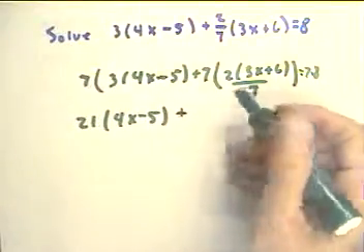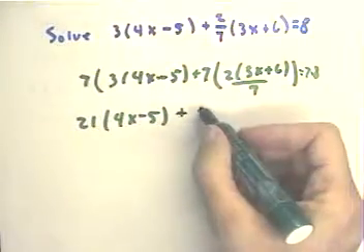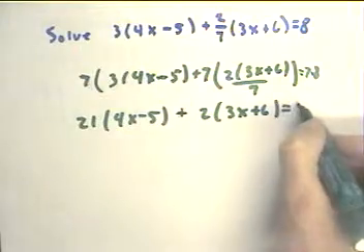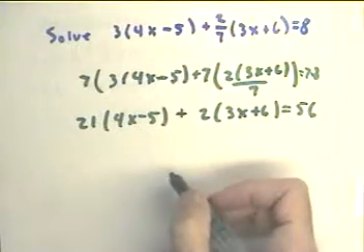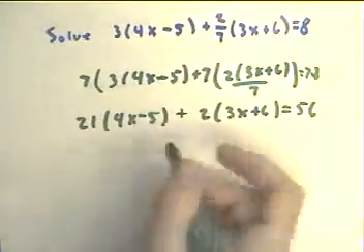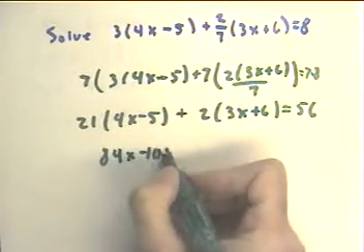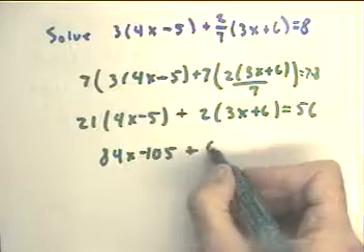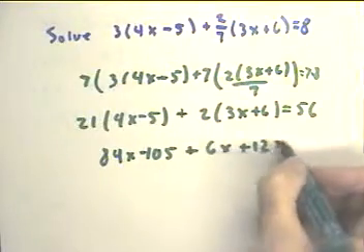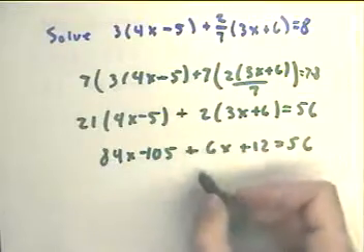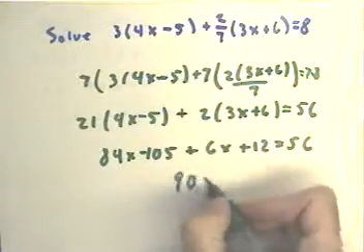Okay, anyhow, 7 divided by 7 is 1, so we end up with 2 times the quantity 3x plus 6, and 7 times 8 is 56. Then we multiply through here, we get 84x minus 105 plus 6x plus 12 equals 56. 84x and 6x gives us 90x.